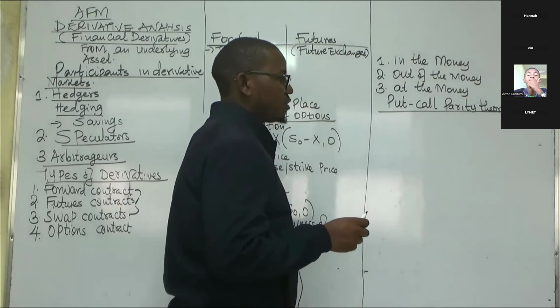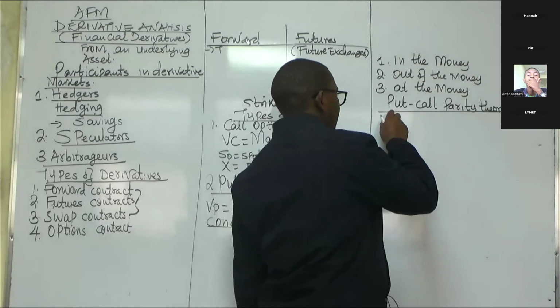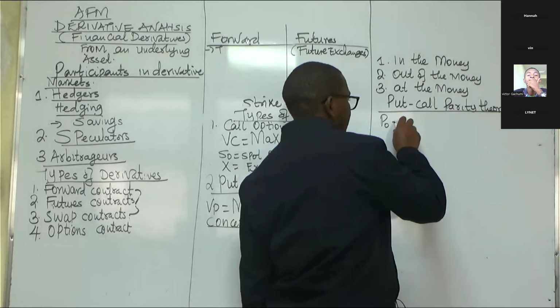Now, this is what we say. If I use P, this is a put price.